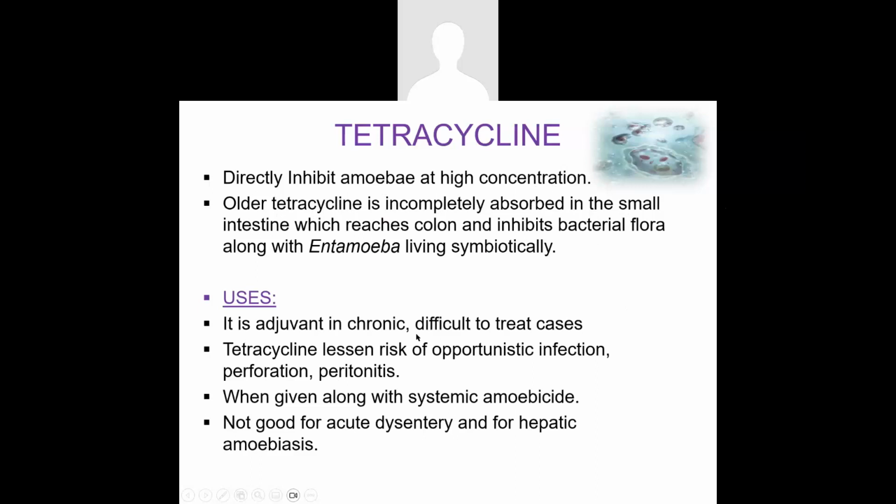It is used as an adjuvant in chronic difficult-to-treat cases. Tetracycline lessens the risk of opportunistic infection and perforation or peritonitis when given along with the systemic amoebicides. Not good for acute dysentery and for hepatic amoebiasis.